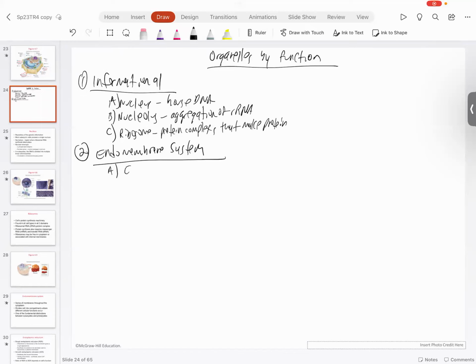The first stop is going to be the endoplasmic reticulum, which has 2 different types. You have rough ER, which is involved in protein synthesis.